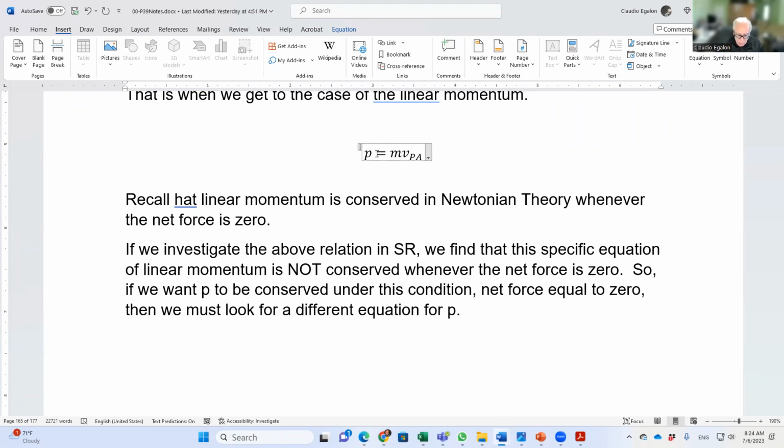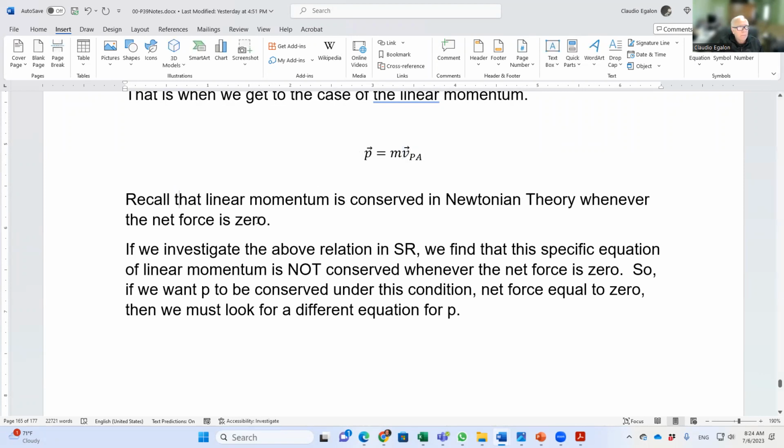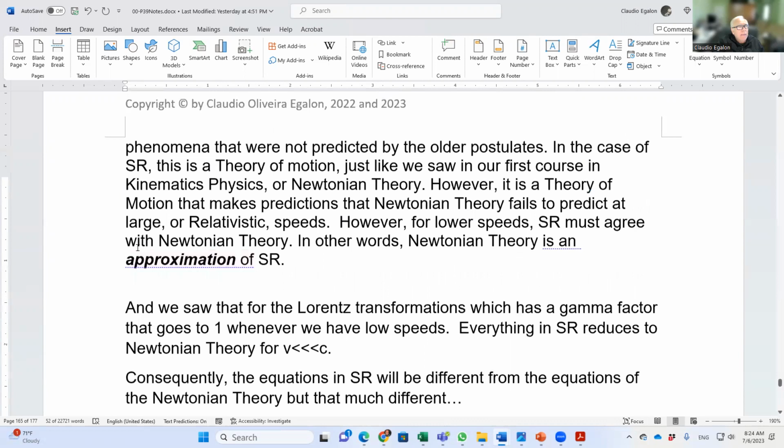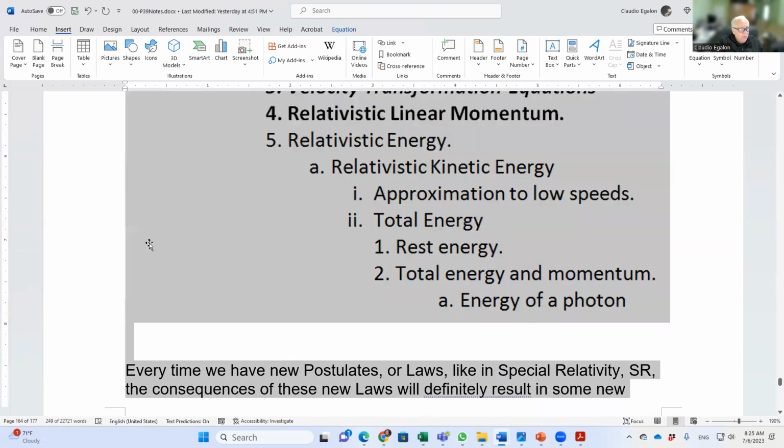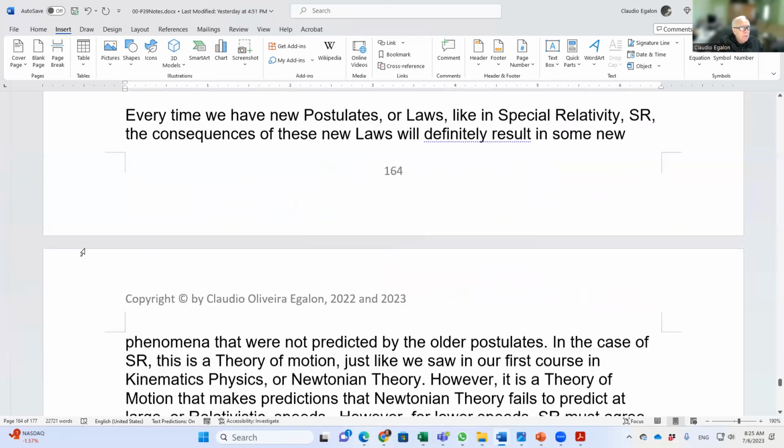I'm going to put a vector here as well. So if you want the linear momentum to be conserved under the condition net force equal to zero, then you must look for a different format, not a different equation, but a different format for P. The format that we do know works in relativity, that makes the momentum conserved under net force equal to zero, is the following.